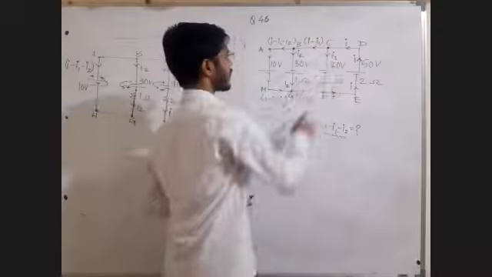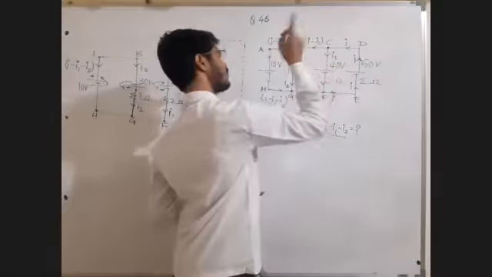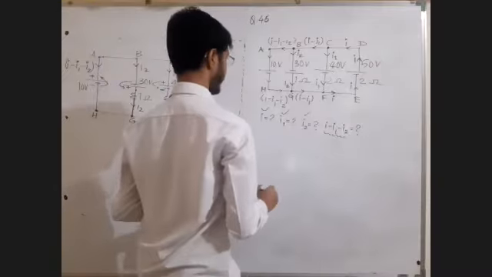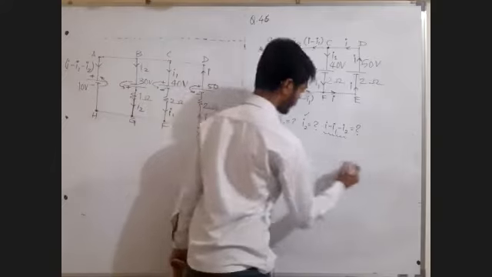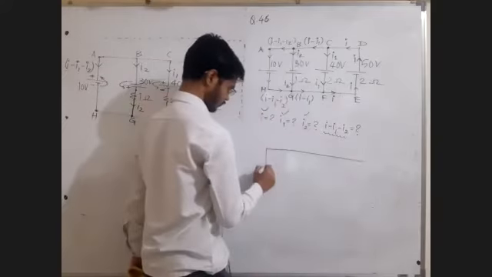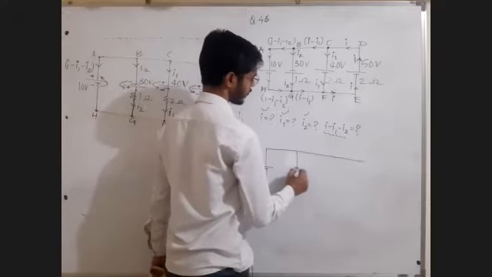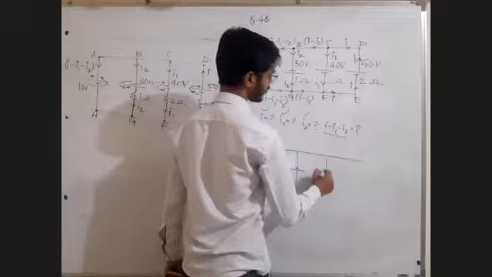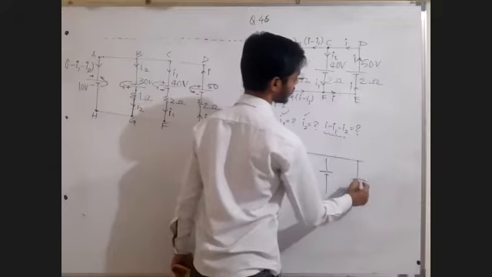So our I1 came out to be negative. So you just reverse the direction of I1 in the final diagram. It will be something like this. Final circuit. Battery, battery, battery, and battery.